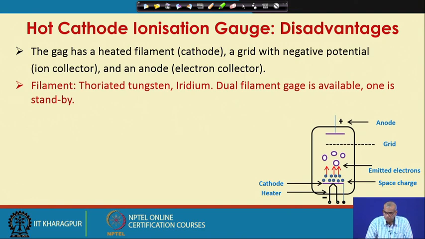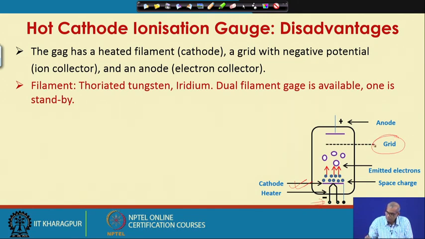So, the hot cathode ionization gauge has a heated filament which is the cathode. We have a grid with negative potential which captures ions, and this was the cathode which is being heated up.